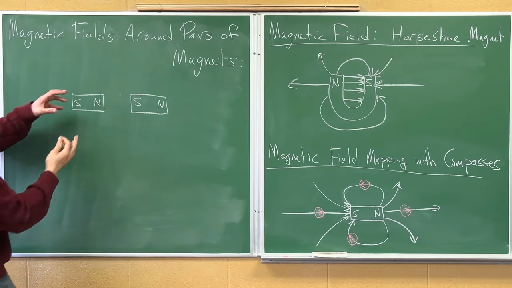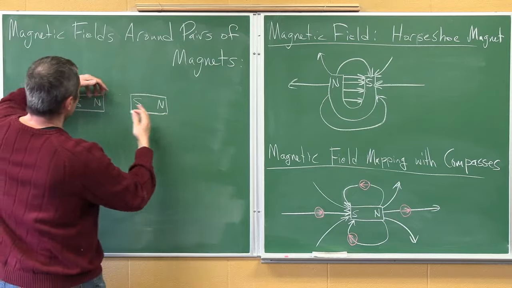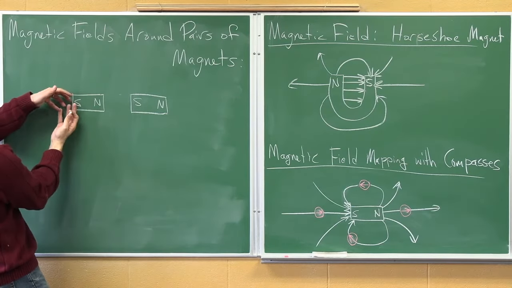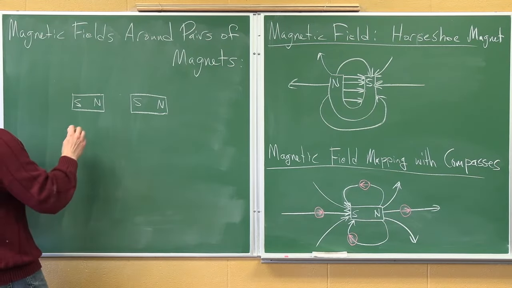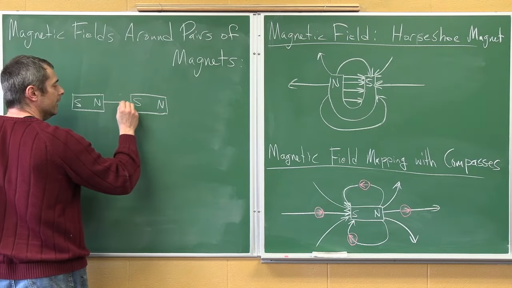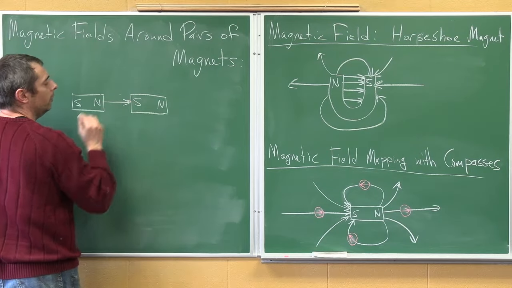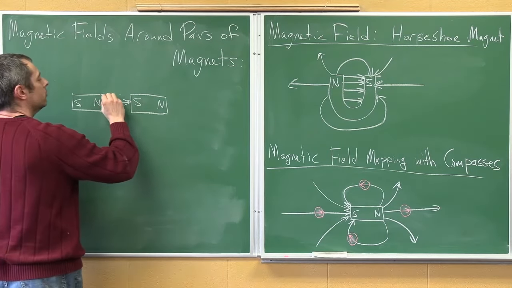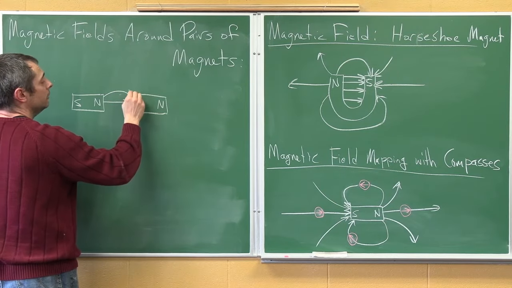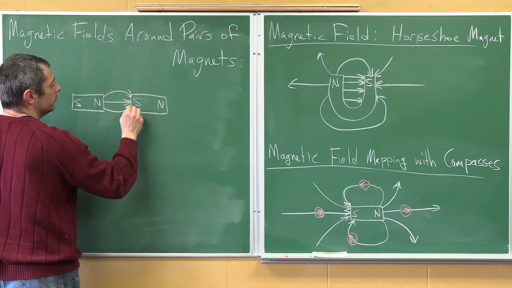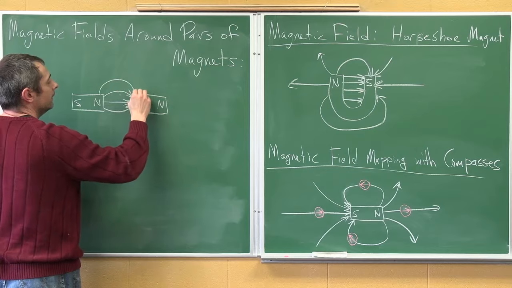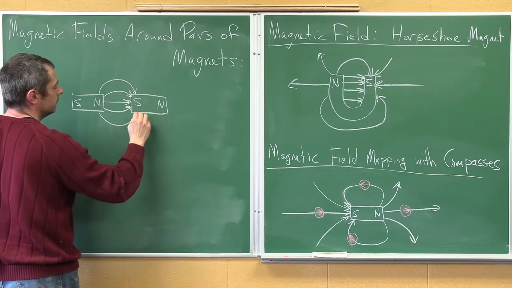Now, field lines, when a magnet's alone, they come out of north and go into this south over here. But what could happen instead is they are drawn into the south pole of the other magnet. So I'm going to draw a few field lines, but I still have to follow the same rules that I did before. The lines can't cross.